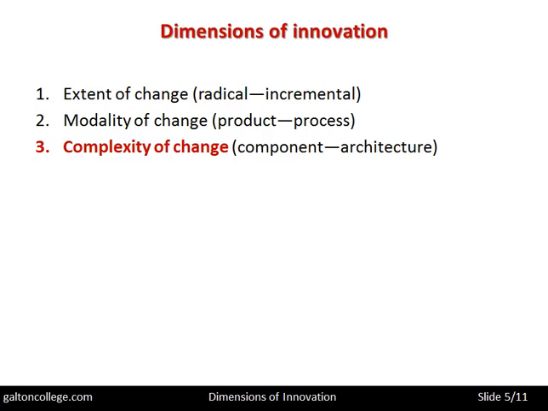Or it could be there is quite a major change, which could be represented by a more complex redesign of the whole product. So it could be just a small component that's changed, or it could be the whole product is changed. It's again very similar to our radical change. So it could be just a component, quite simply changed, or it could be something quite large and a fundamental redesign of the product.